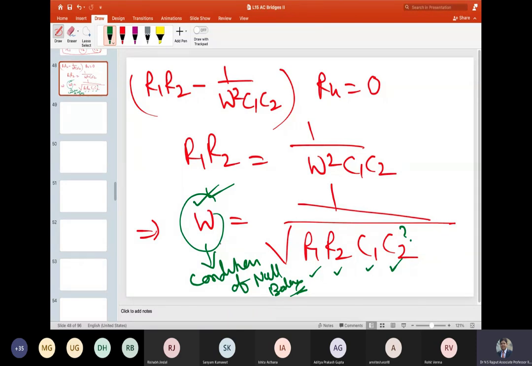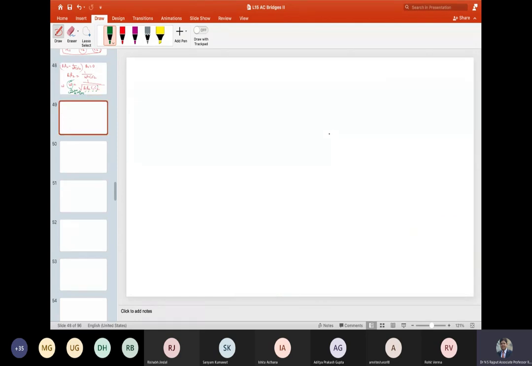Okay, so that was one thing. Technically speaking, you have 4 arms, you have some frequency, then you have to work on the balance equation. Whatever the balance equation is, you will get it by way of practice, whether which arms should be resistive or should carry impedance, so that solving of the equation becomes easy, right?